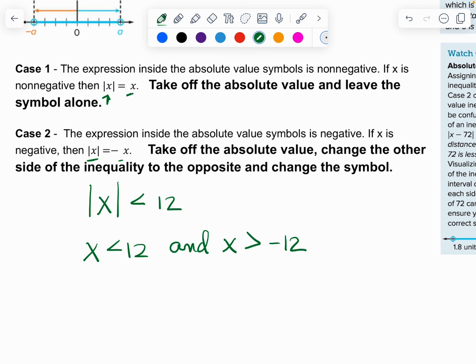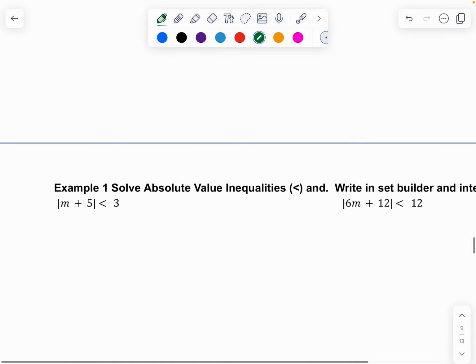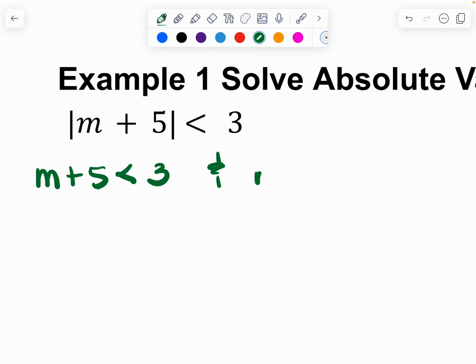And remember, I can rewrite that in one statement like this, because it's between those two numbers. Okay? So here we go. We're going to take this. You're going to write m plus 5 is less than 3, and m plus 5 is greater than negative 3.